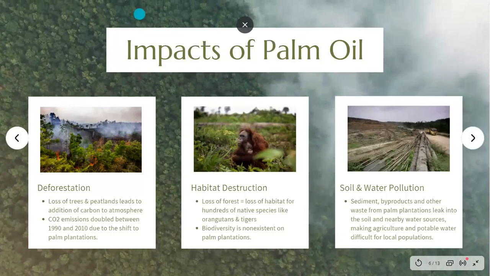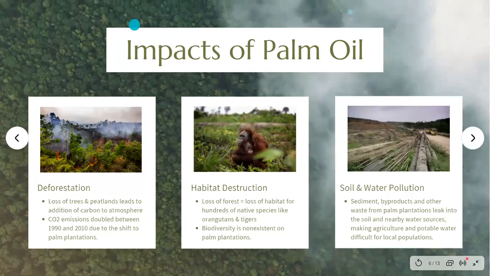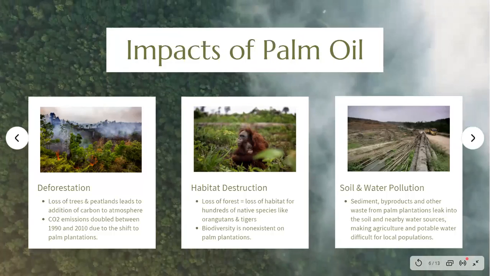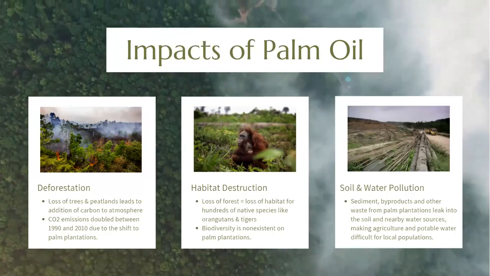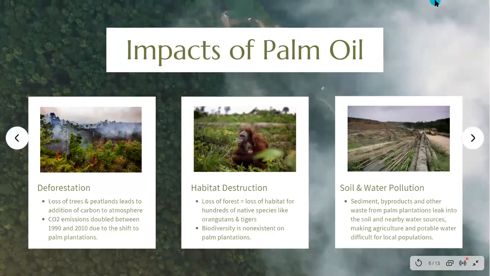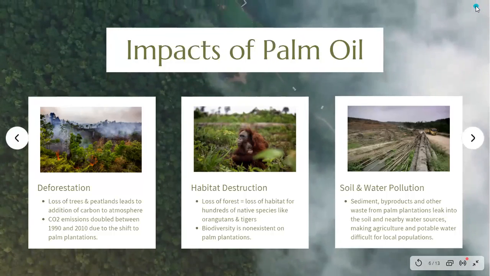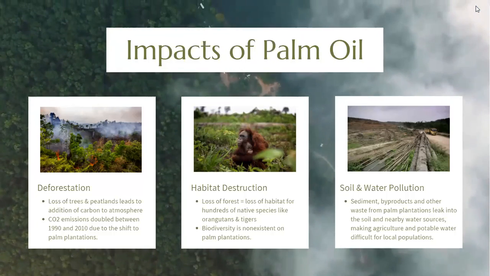All right. So three of the main impacts of palm oil. One is deforestation, which is the loss of rainforest, and peatlands, which are carbon sinks. They sequester a lot of carbon in these areas, and when they're destroyed, all of that carbon gets released back into the atmosphere, which is not good. Another thing is habitat loss.